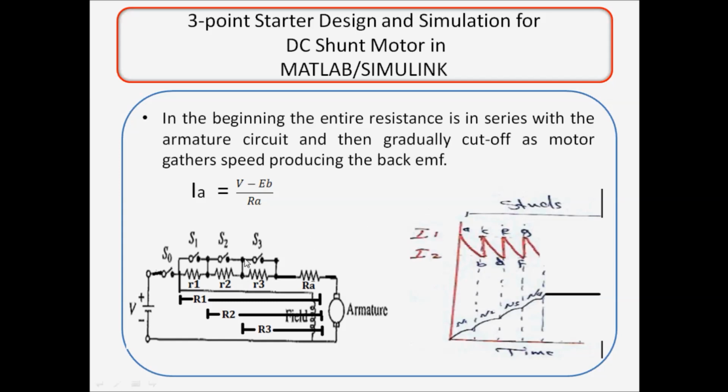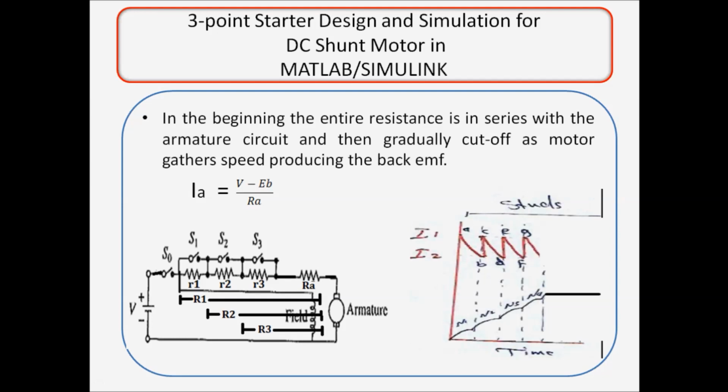Let S0 be closed. In the beginning, the entire resistance is in series with the armature circuit. That is, the total resistance in series with the armature circuit is small r1 plus small r2 plus small r3 plus Ra. And then these resistors are gradually cut off as the motor gathers speed, producing the back EMF.